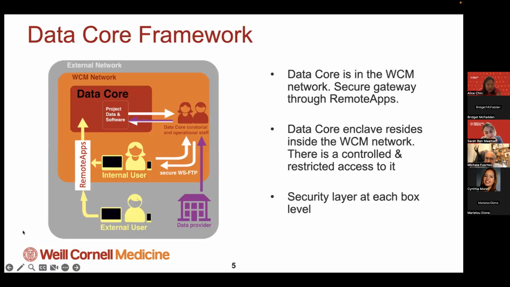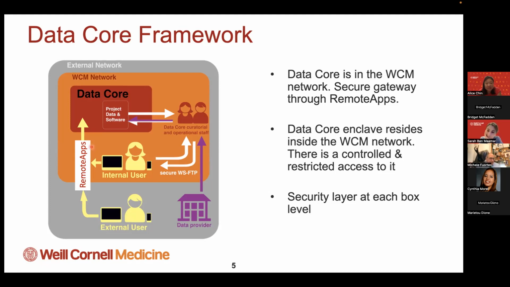So this is our framework. I'm going to try to use this laser pointer here. Data Core sits right inside the WCM network. This shows where it's embedded and the secure layers around it.